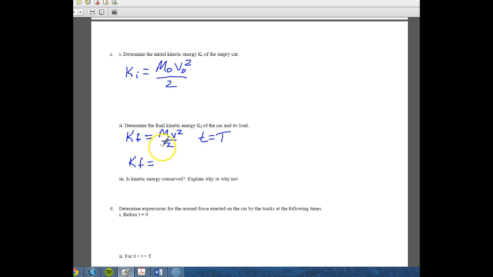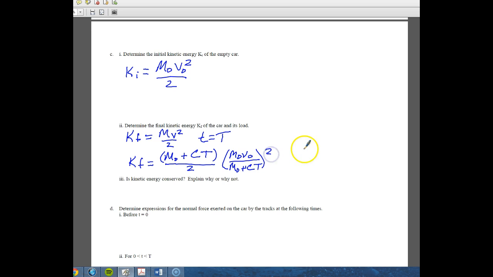Now we need to substitute in, so big M was big M0 plus C, which is that ratio, times big T here, because that's the time afterwards, divided by 2, and then we're going to put in what we had for velocity, which was m0v0, so that's the original velocity, divided by the original mass plus that same thing again, C times T.